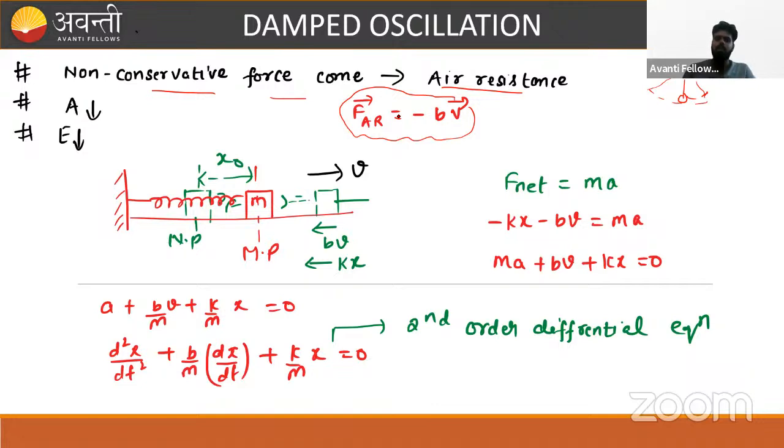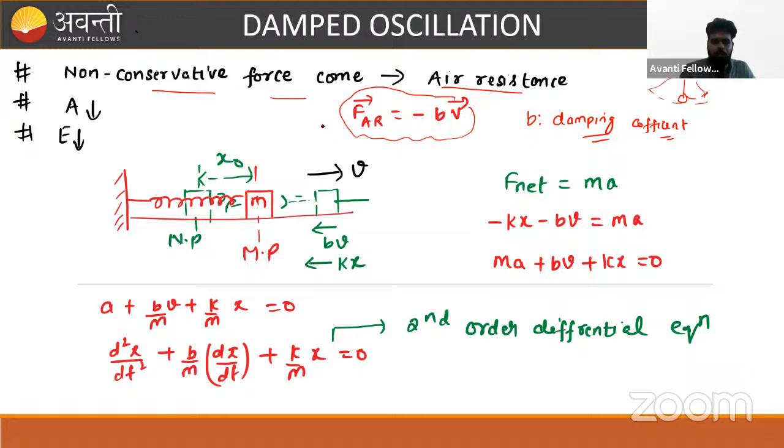Here a term b comes in. What is b, beta? b is known as the damping coefficient. Very important. From this year, this topic is also included in JEE Advanced. In JEE Mains, 1 or 2 questions are asked in every session. So we have to remember the formula.